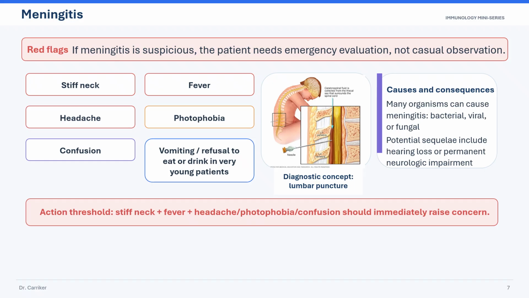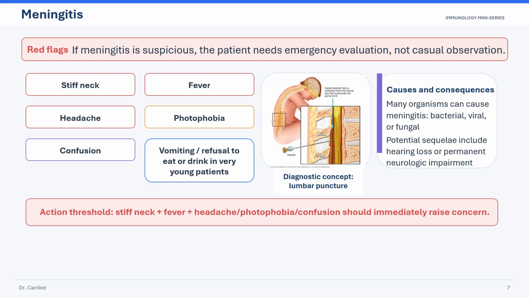Also remember that meningitis can be bacterial, viral, or fungal depending on the host and the exposure profile. But first job, recognizing that it may be meningitis at all and then getting a proper referral. The combination of the symptoms is listed here: stiff neck, fever, etc. Not something to mess around with.